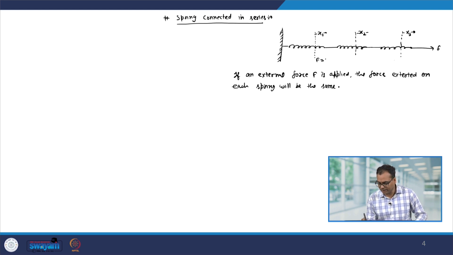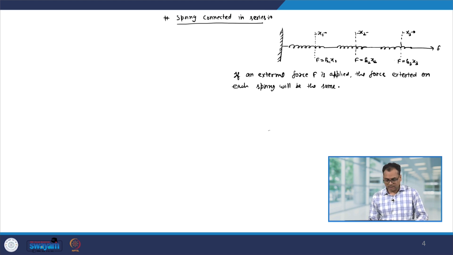That will be determined by K1 x1. Similarly, F will be K2 x2, and F will be K3 x3, where K1, K2 and K3 are the spring constants of springs 1, 2 and 3. So, from here you can see that x1 will be F over K1, x2 will be F over K2, and x3 will be F over K3, and so on.